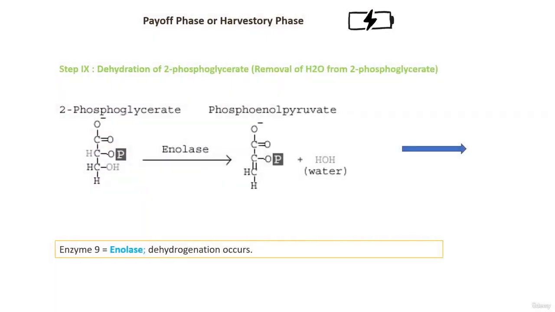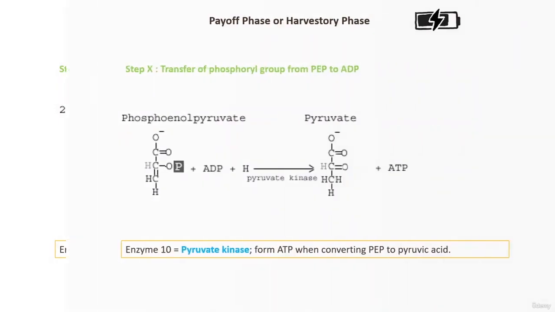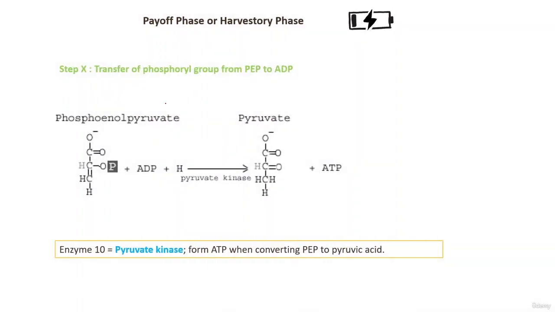In the last reaction, step 10 is the transfer of a phosphoryl group from PEP to ADP. Here ADP is given to phosphoenolpyruvate.